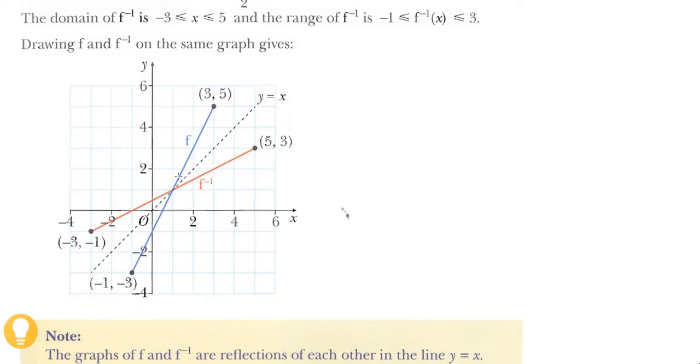So (3, 5) and (minus 1, minus 3), and if you reverse the numbers, minus 1, minus 3 becomes minus 3, minus 1, and (3, 5) is converted to (5, 3). So this red line shows the graph of the inverse function, and the blue line shows the graph of the function. If you see carefully the two functions, you can say the graph of the inverse of a function is the reflection of the graph of the function.